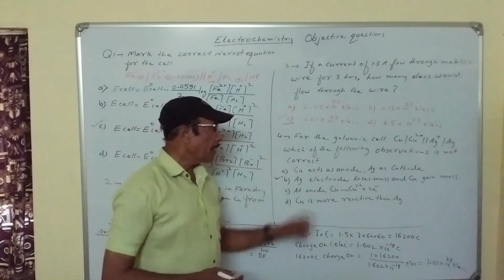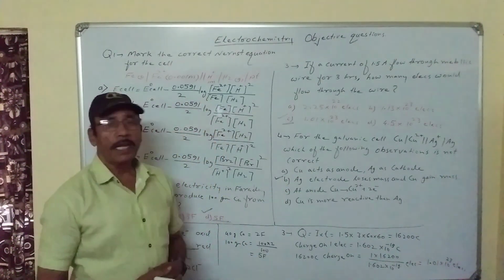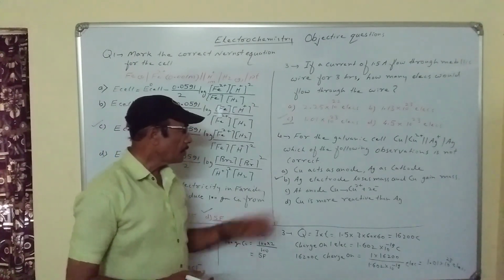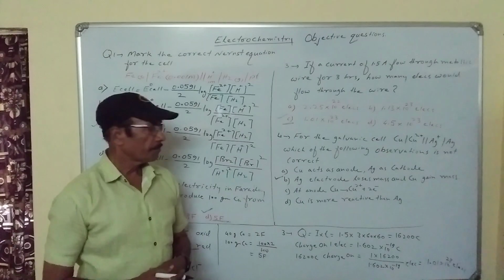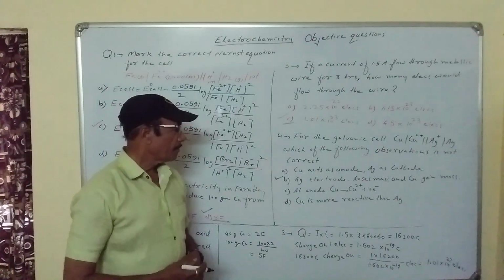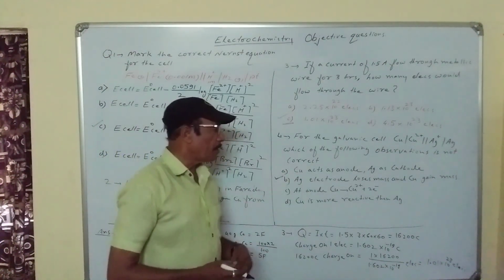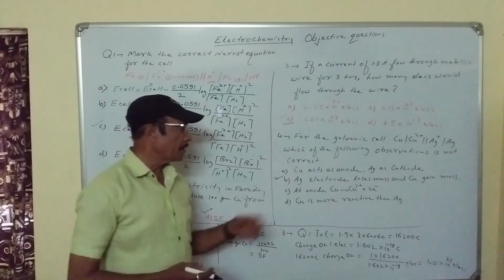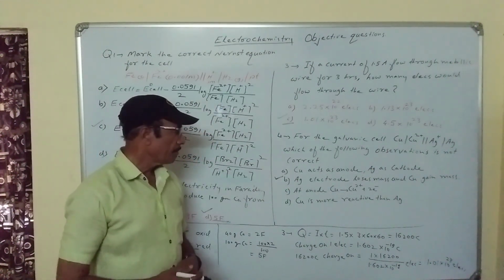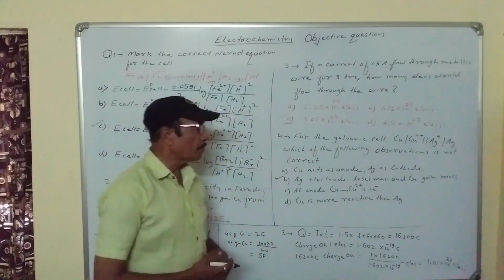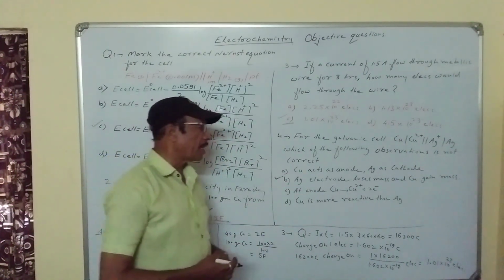First one: Cu acts as anode, Ag acts as cathode. Cu produces electrons, which flow from copper to silver, so copper is the anode and silver is the cathode. Second option: silver electrode loses mass and copper gains mass.